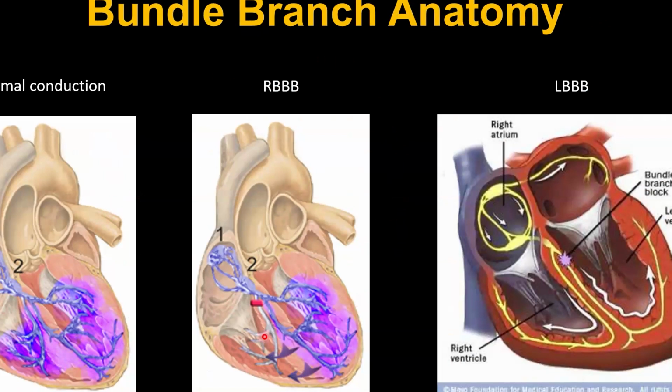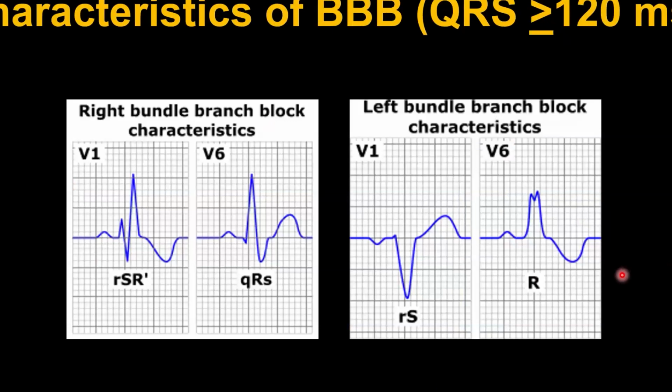With right bundle branch block, depicted here, impulse goes to the left ventricle and then secondarily heads to the right. Whereas with left bundle branch block, it goes to the right ventricle and then secondarily to the left. And that gives these characteristic appearances on the electrocardiogram.